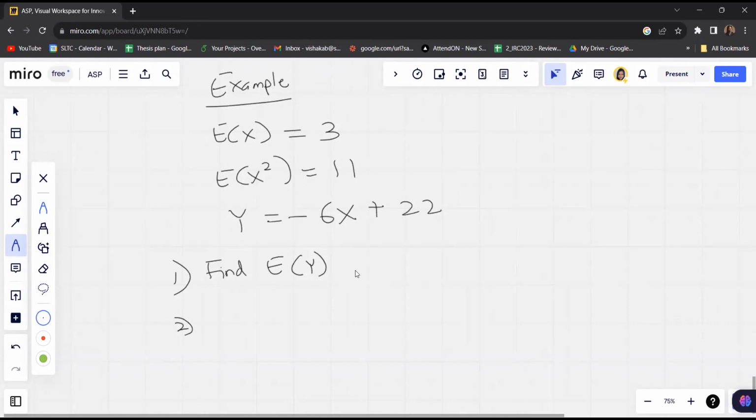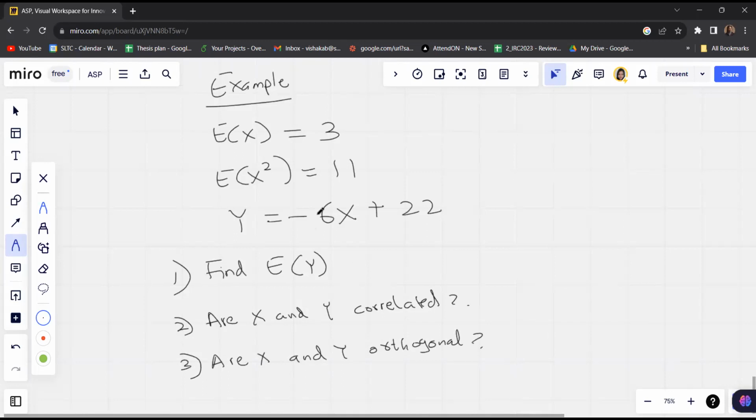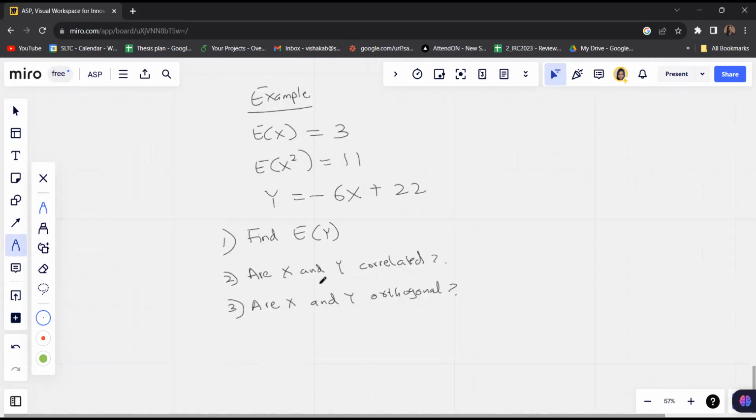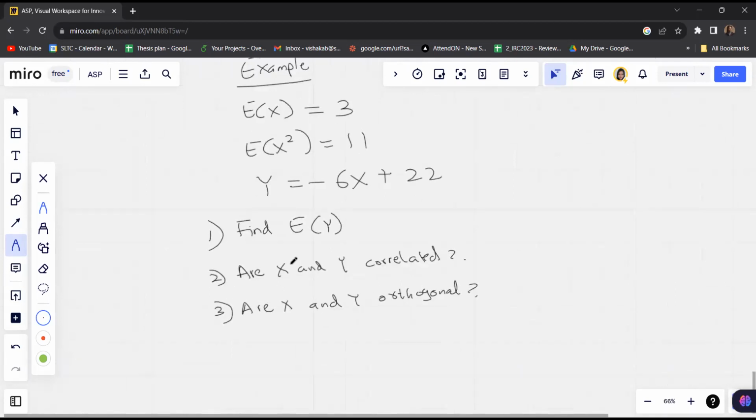I also want to find whether x and y are correlated. So if possible, try to find that. And are x and y orthogonal? So I want you to find these things.